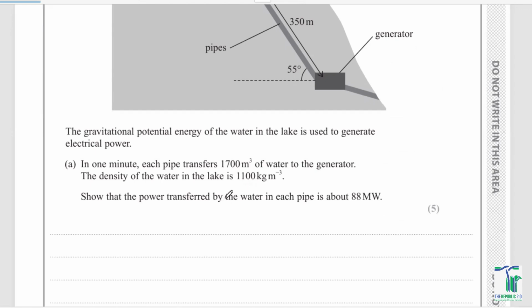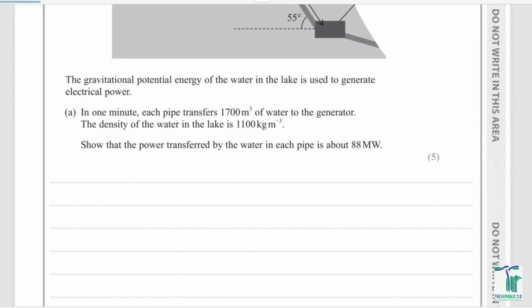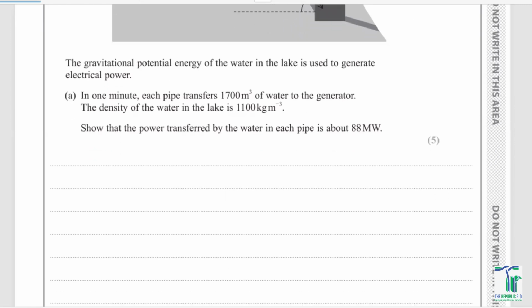So if you want to calculate the power transferred, first of all, you just need to calculate the potential energy and divide it by the time taken, and you'll get the power generated. For the potential energy, we're unaware of the mass, but we can simply use density equals mass upon volume. So mass has to be density times volume, where density is 1100 and the volume is 1700.